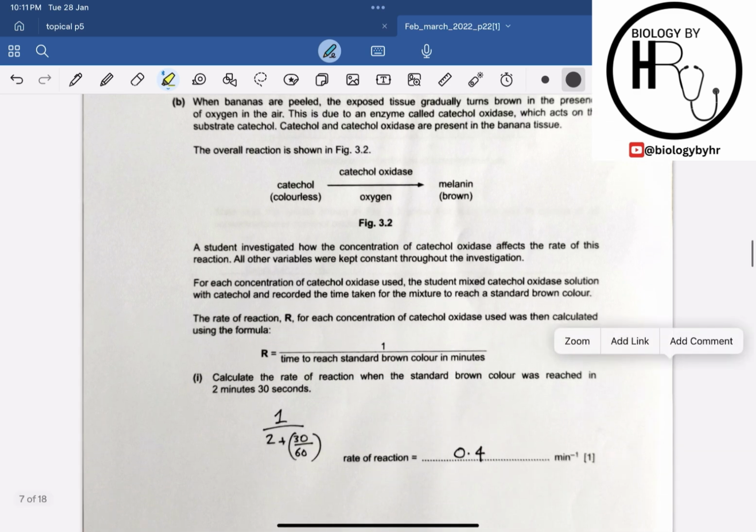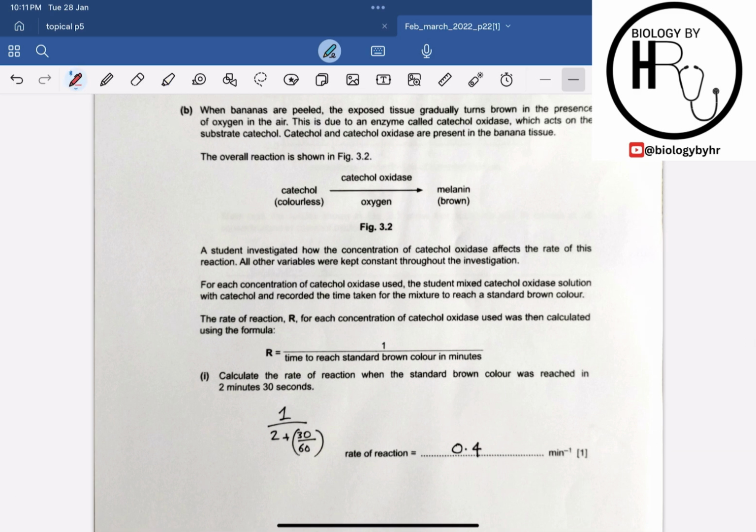Now let's move on to part 2. Let's shorten this question and only read the important points over here. Basically they are saying that when bananas are peeled, the tissue gradually turns brown in the presence of oxygen in the air, and they are showing the reaction in which catechol, which is colorless, oxidizes in the presence of oxygen with the help of catechol oxidase and turns brown, which is melanin, right?